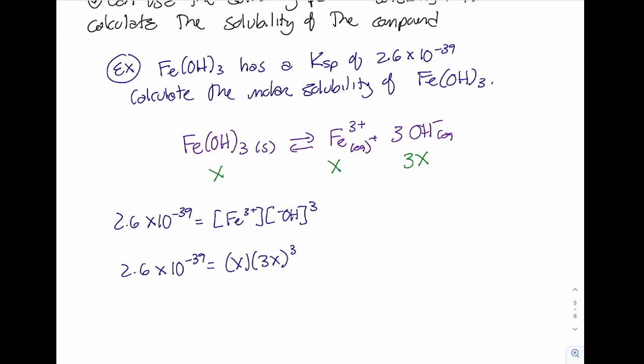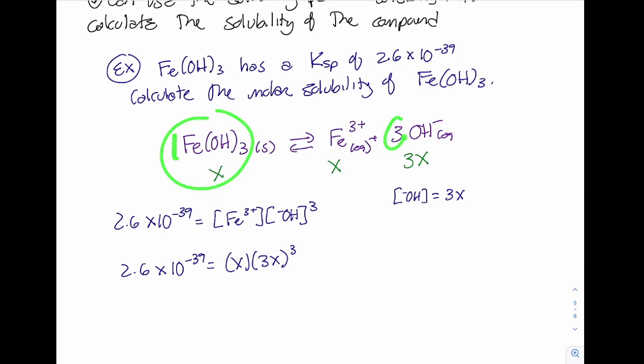So just like we were doing in the last video, be really careful. We're multiplying x by 3 because my concentration of OH minus is 3 times whatever my concentration of iron 3 hydroxide is, right?